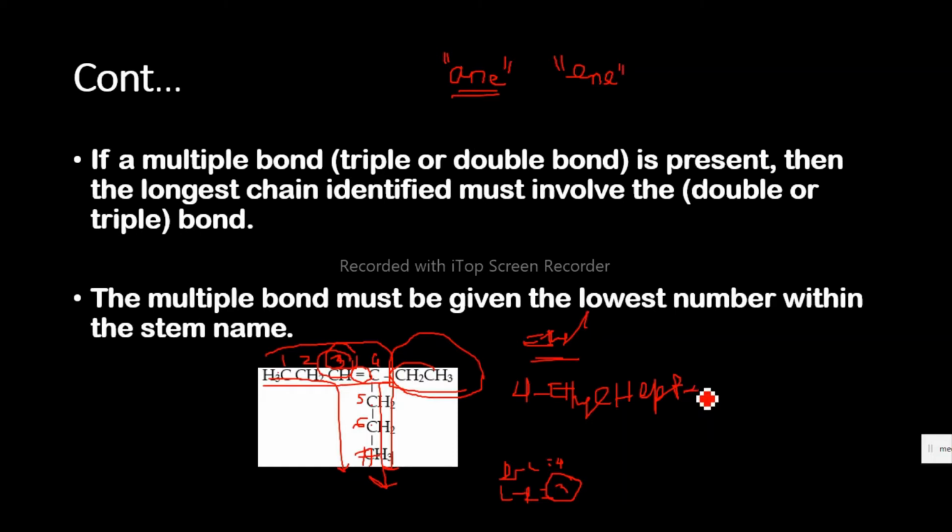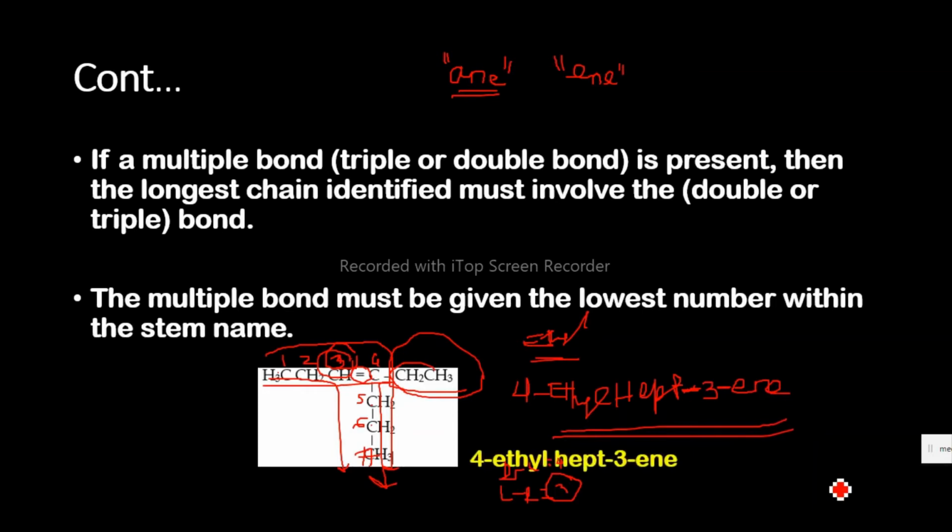However, our double bond is not on carbon 1. It is on carbon 3. So you have to include that. You put a hyphen, hept, then you put the position, then another hyphen, and then you write ene. So it is as simple as that. 4-ethylhept-3-ene. Is that okay?